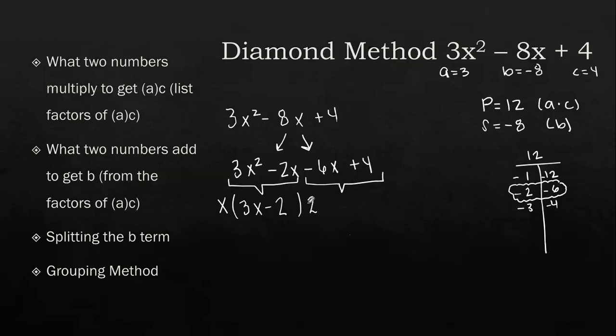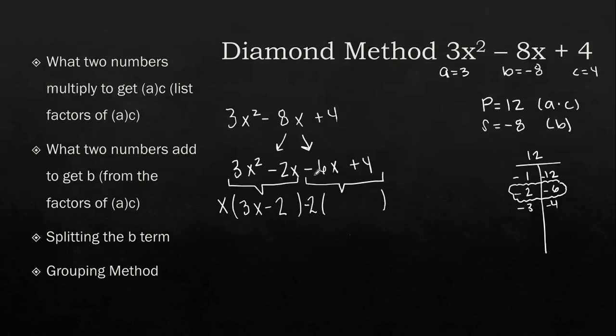I'm going to write negative 2, and you'll see why in a moment. If I didn't write negative 2 here, this number would have been negative, and I don't want it negative, I want it positive.